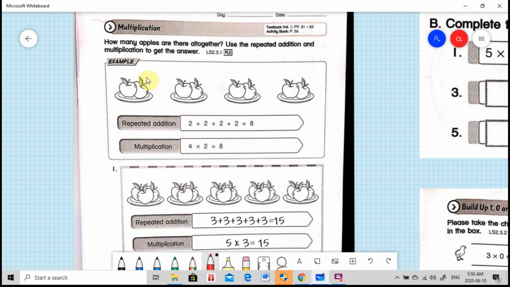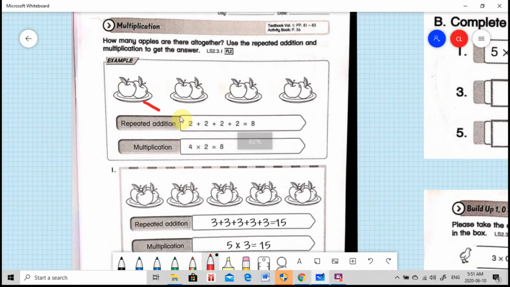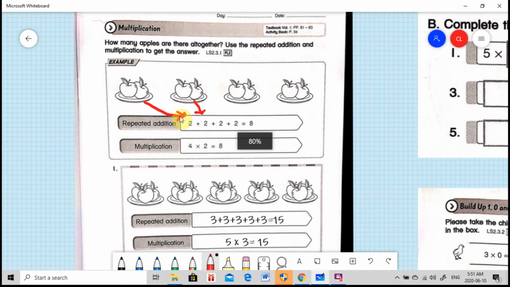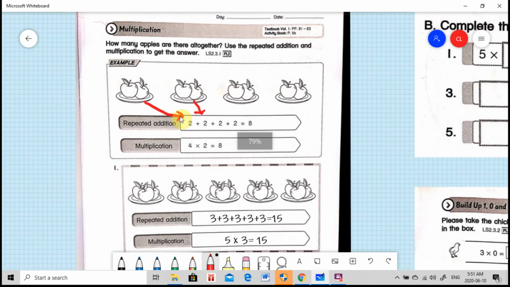So for this example, we can see that we have 2 here, so we put here 2. We have another 2 here, another 2 here, and another 2 here.